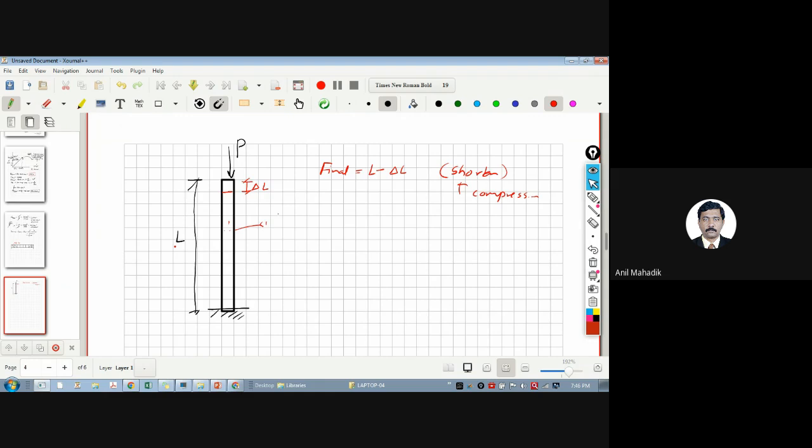Now can anybody tell me what is the capacity of the column? Tell me logically. So any capacity of the axial member, how do we calculate? Effective area into permissible stress. Yes, this is it, right? In tension we did it like this: net effective area into permissible stress. So then what value can we take in this case? What should we take now? The material is steel only, right?